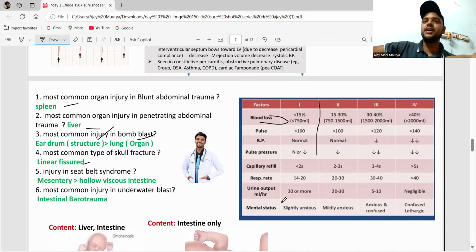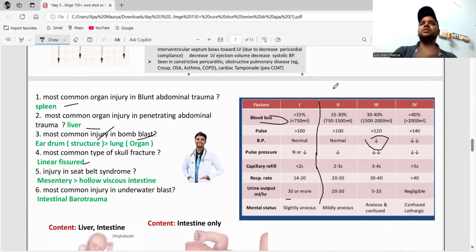That's why we only need to give fluids, or no need for fluid, just drink the water. That will be more than enough. How are they going to ask the question, guys? They will ask from which class onwards the BP is going to go down. Class 3 only.